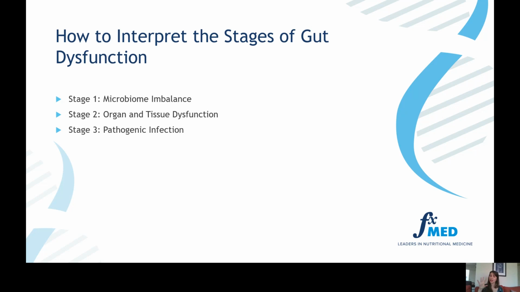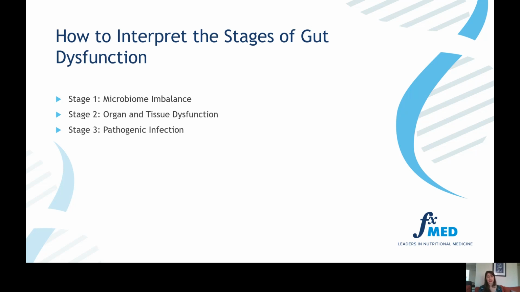And if this continues on, the imbalance can grow, and this will begin to start affecting organ and tissue function, which moves into stage 2. So ongoing stress creates a microbiome imbalance, affects the way that the microbiome is working together. That's stage 1. And then if that continues unchecked, we move into stage 2, which is organ and tissue dysfunction.